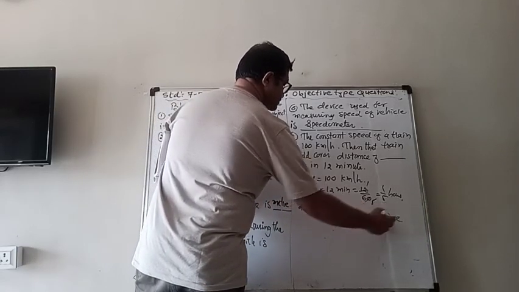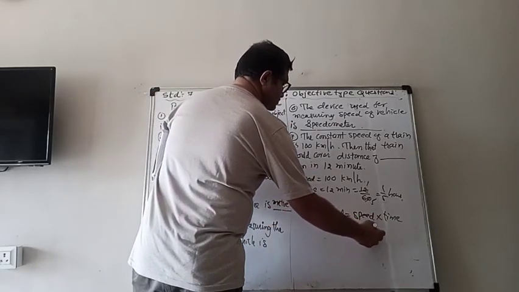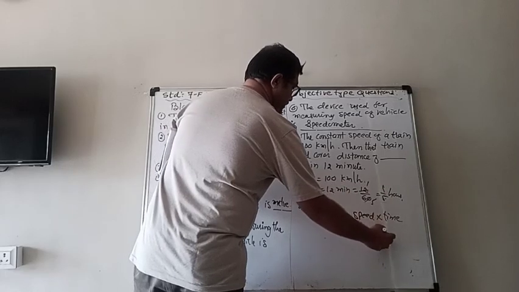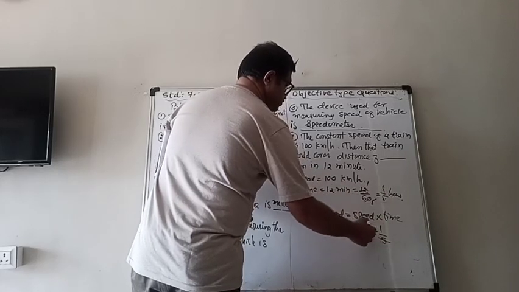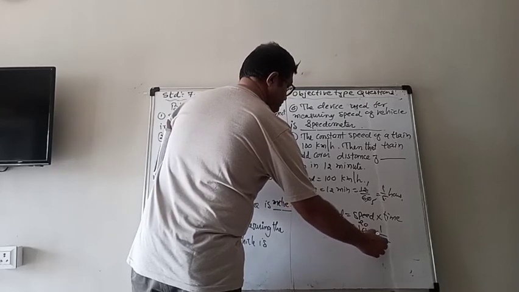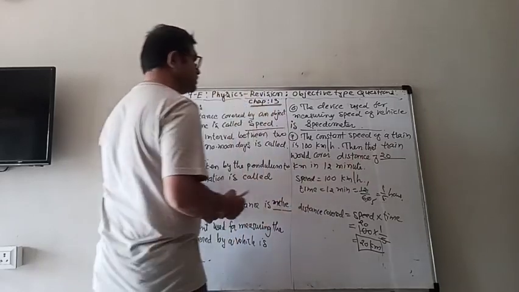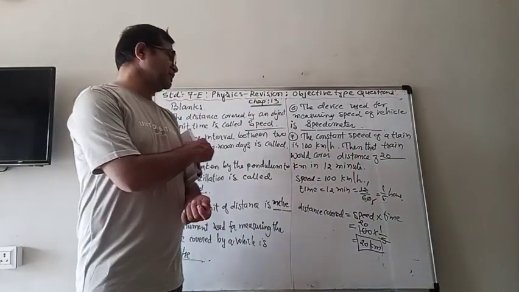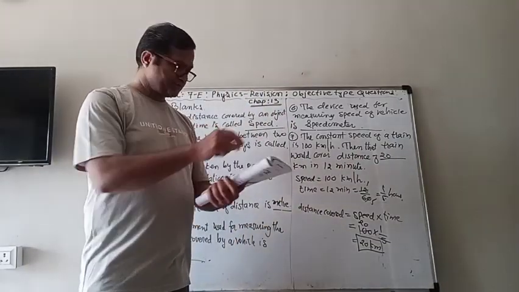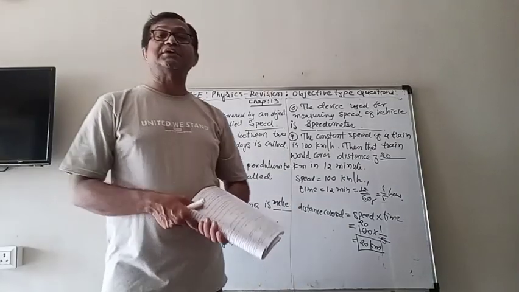The speed is 100 and time is 1/5. 5 twos are 10, so 20 kilometer. So the distance covered by that train in 12 minutes will be 20 kilometer.